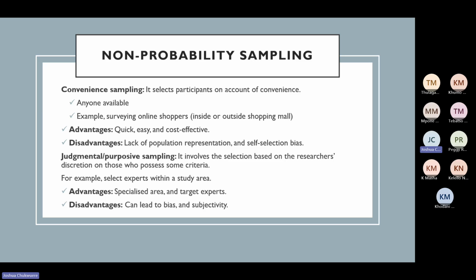Because it's focused on the convenience of defining your participants based on criteria, for me to be able to choose you, you must possess one, two, three criteria. Of course, each of them has an element of criteria, but this one focuses on defined criteria. When you say students, those students must be registered students of that institution.